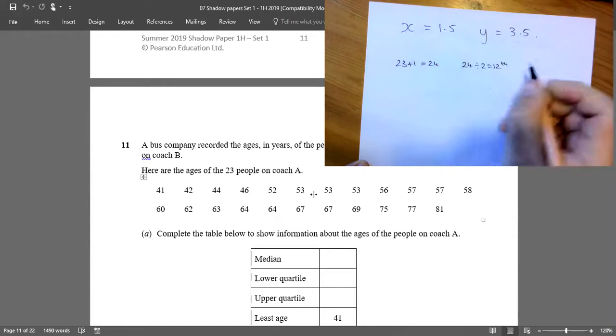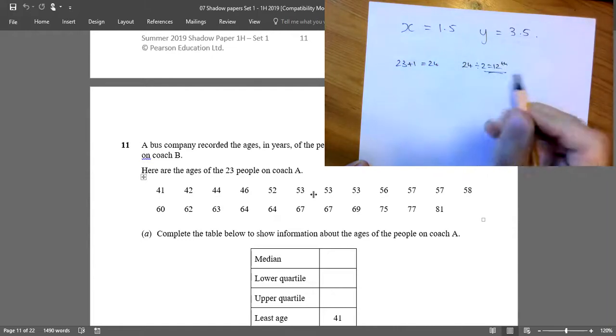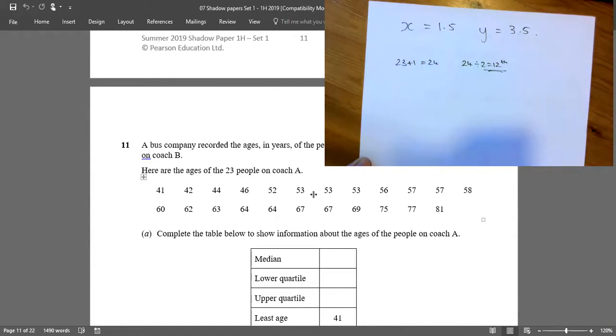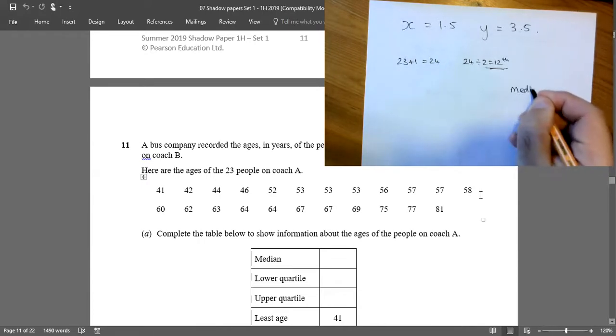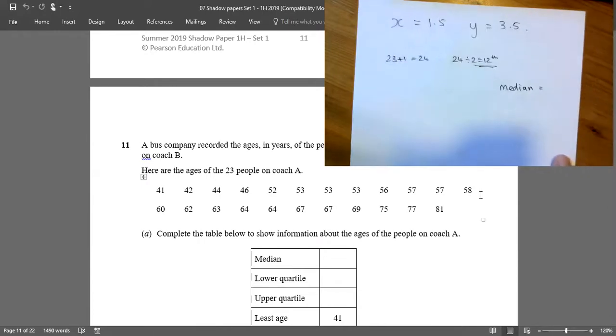So the 12th piece of data is the median. Thankfully they are already in order. So 1, 2, 3, 4, 5, 6, 7, 8, 9, 10, 11, 12. So my median is 58.